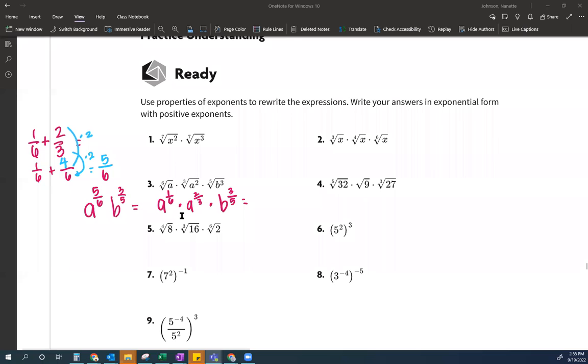When you have numbers that have different bases like a and b, you can't let them, I say, play together. They don't play together because you don't have the same base, you don't have the same exponent. So they kind of sit next to each other. Does that make sense?